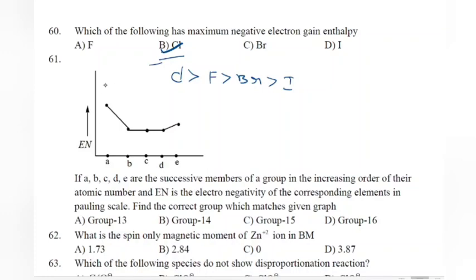Next one. They have given a graph again, and electronegativity values they have given. All these elements are successive members of a group in the increasing order of their atomic number. EN is the electronegativity of the corresponding elements in the Pauling scale. Find the correct group.